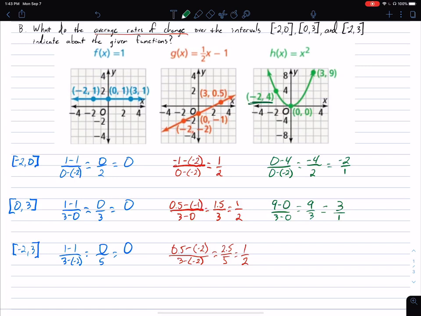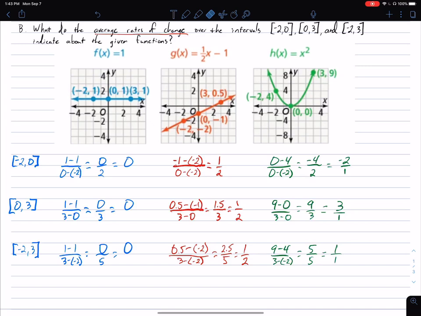So from negative 2 to 3, I'm going to wind up with 9 minus 4 over 3 minus negative 2. 9 minus 4 is 5, and 3 minus negative 2 is also 5. So that's going to be 1 or 1 over 1. And again, each time here you're looking for slope. So if you go back up to this green graph here, we're looking for the slope of that line that connects them.